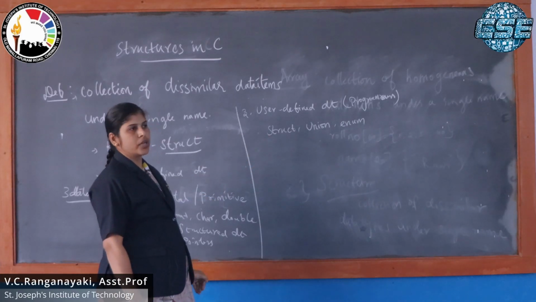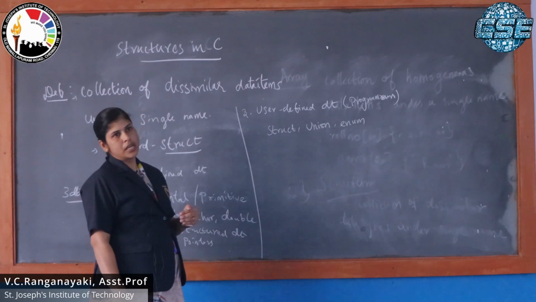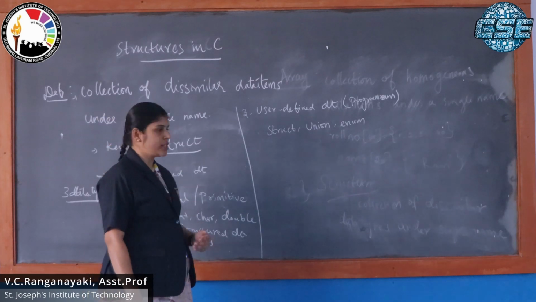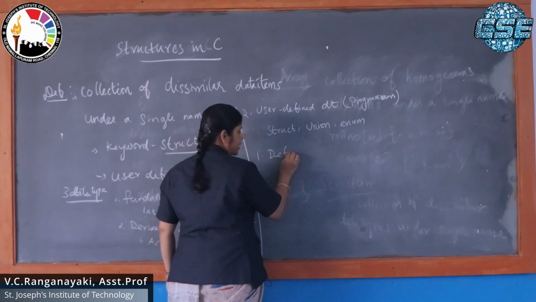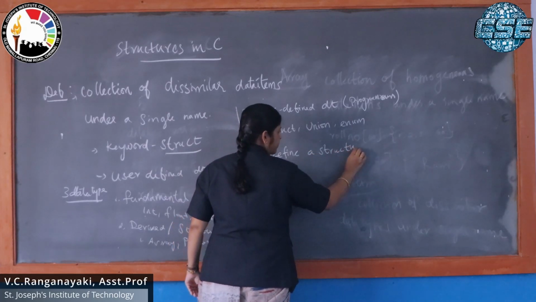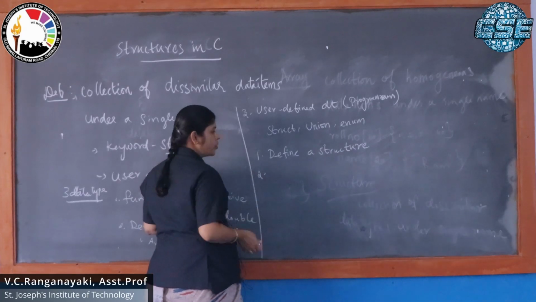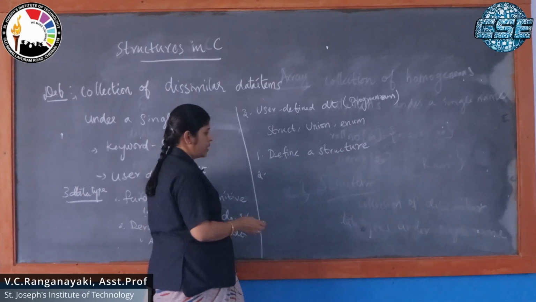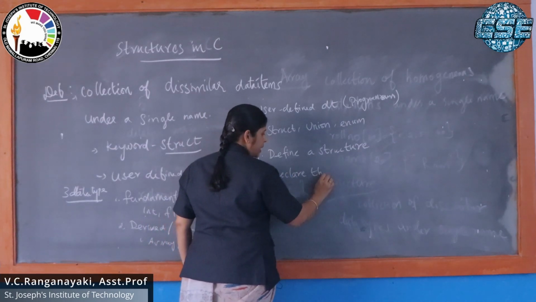So we want to define a structure. How can we define it? By four steps we define the structure. First step, we define a structure. Second is to declare a structure variable. Through the structure variable only we access the structure.